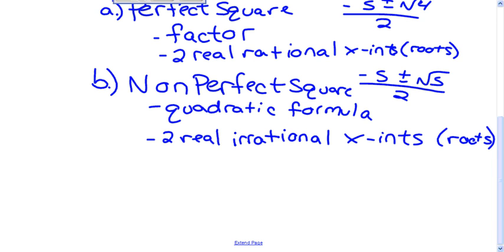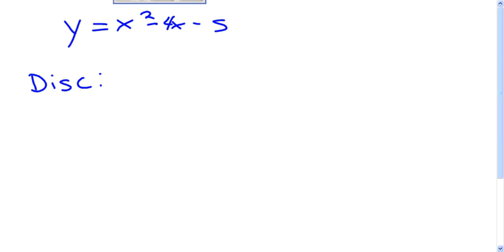graphing the following example just by looking at the discriminant. So y equals x squared minus 4x minus 5. Let's check the discriminant. So practicing this, my a value is 1, my b value is -4, and my c value is -5.